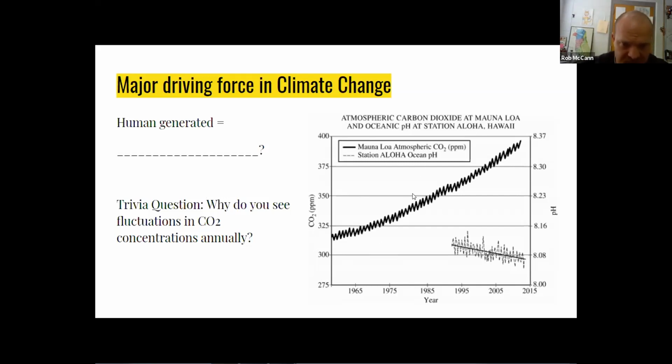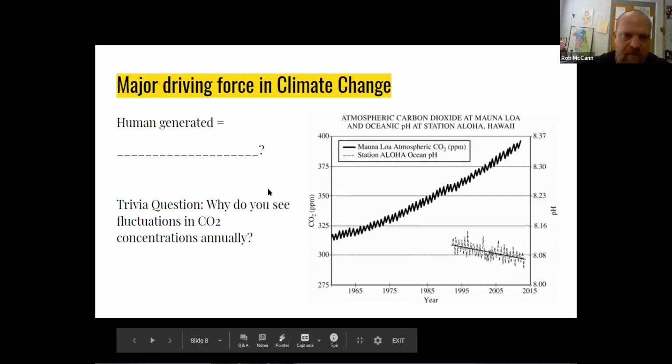So when we look back at our graph here, we see this seasonal variation of carbon dioxide emissions, but the overall trend is going up. The overall trend of carbon dioxide in our atmospheric concentration is going up, all right?